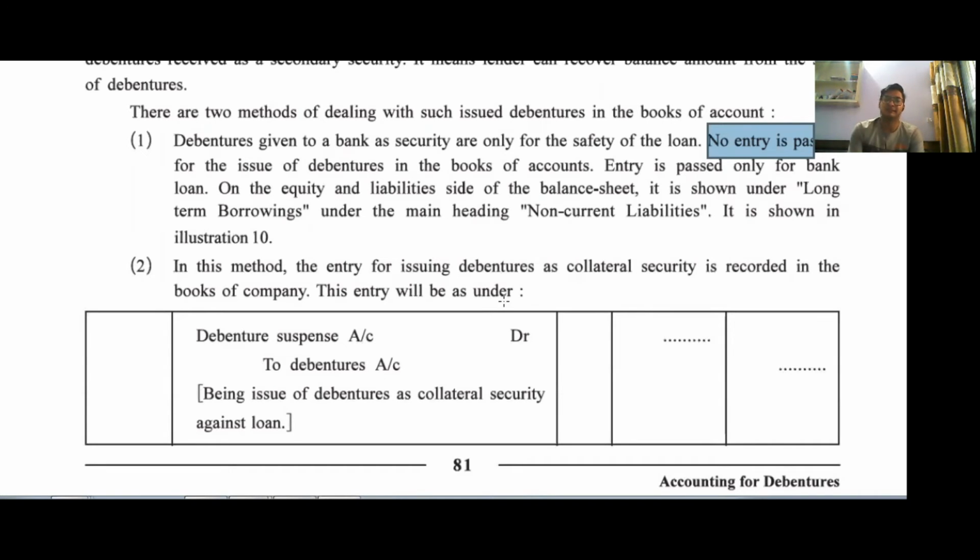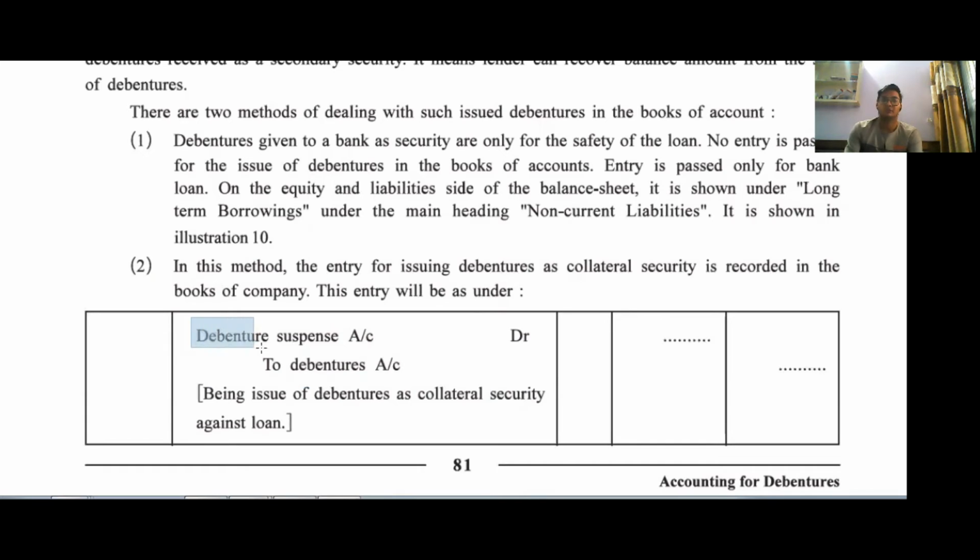There is a second method in which we have to pass one journal entry: debenture suspense account debit to debenture account. Now what is a suspense? Here the real owner of the debentures is the company, but the debentures are transferred to the bankers as a mortgage, as a security.